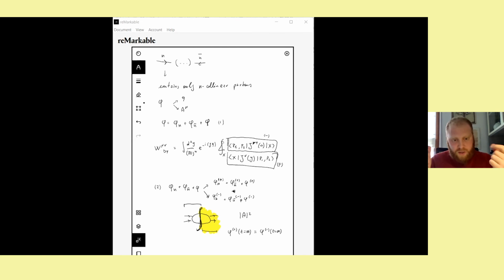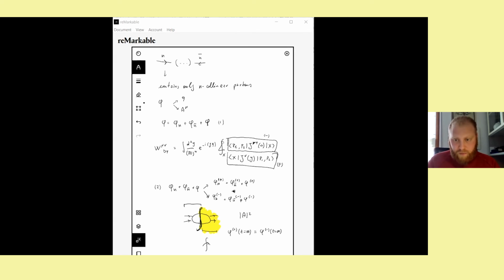And when you have interactions between plus and minus fields, it is just the real propagator, because it propagates along the cut. So it connects plus and minus fields. It means that it is something that crosses the cut. And that is just the real propagator or the cut propagator or whatever you want.